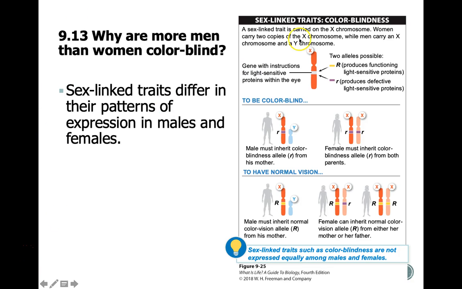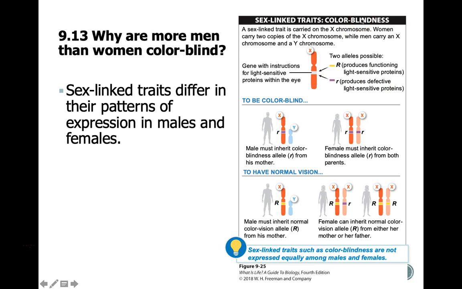If we look at the X chromosome, we have this R gene. It codes for a specific light-sensitive protein that gathers particular wavelengths of light and allows you to see color. The other version, a recessive allele, is defective, which means the individual is colorblind. I believe the one they're talking about specifically is red-green color blindness, which is also the most common.